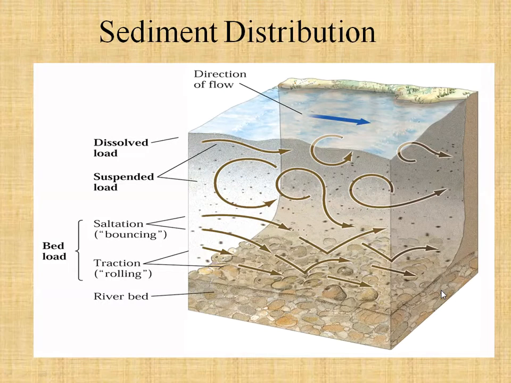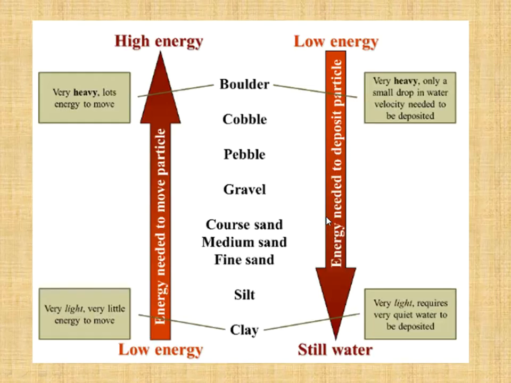Again the same diagram just to show how the sediments move along the bed of the river and in suspension, as well as in dissolved. The one which is in solution, they are moving as dissolved load.